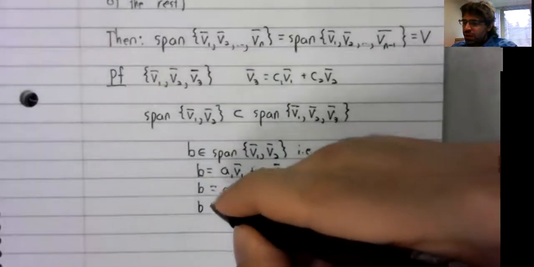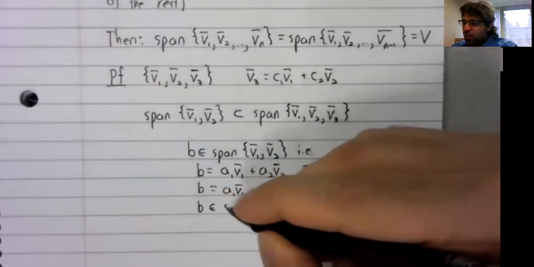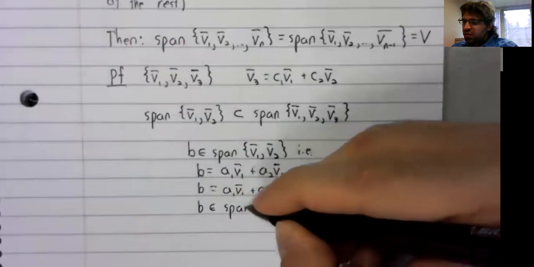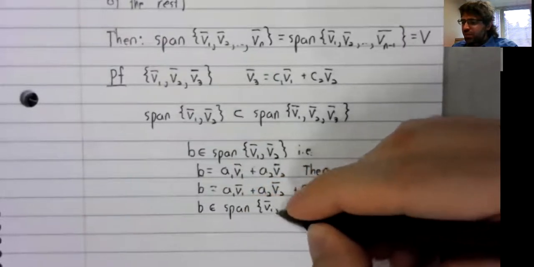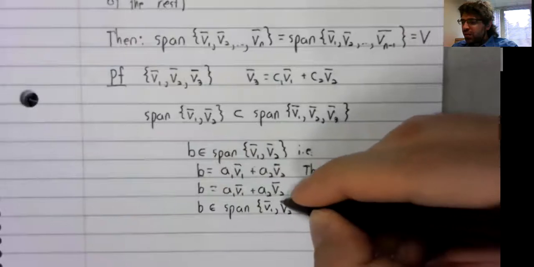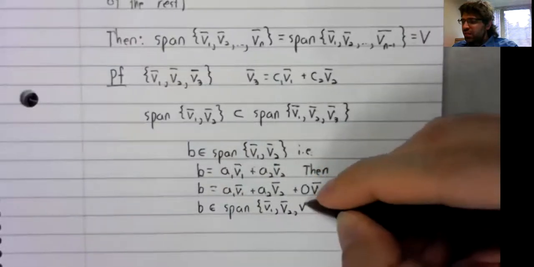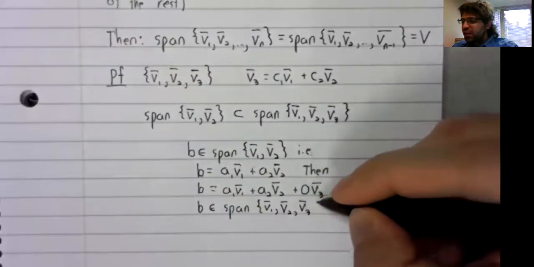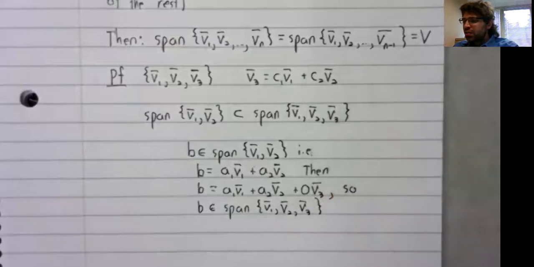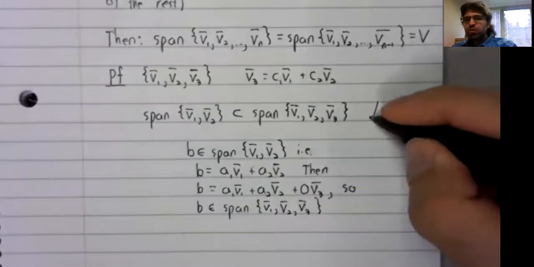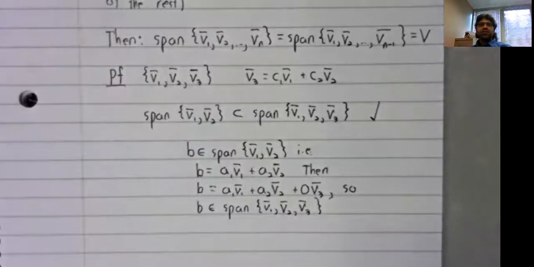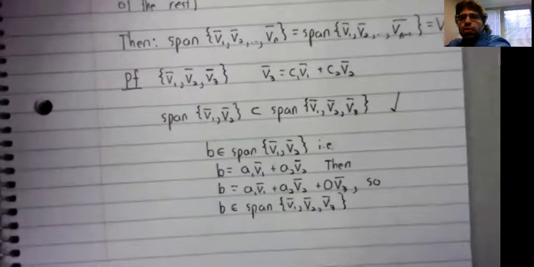So B belongs to the span of these three vectors. And we've demonstrated that inclusion.